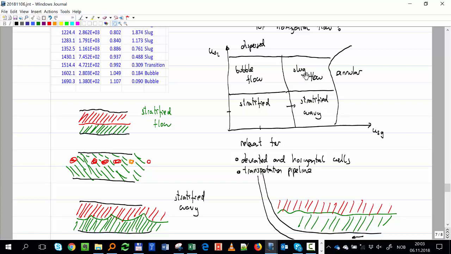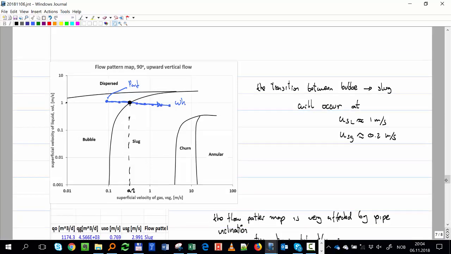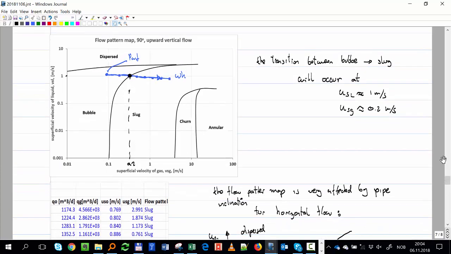And slug flow, you have this intermittent flow. There is really no good answer, but it's like in between. If you are someplace between bubble and annular, that's where you have the smallest delta P. Between bubble and annular, it's slug.